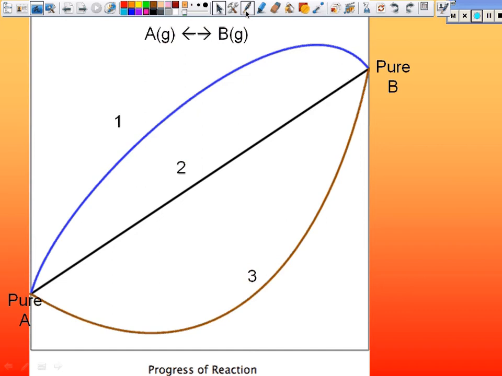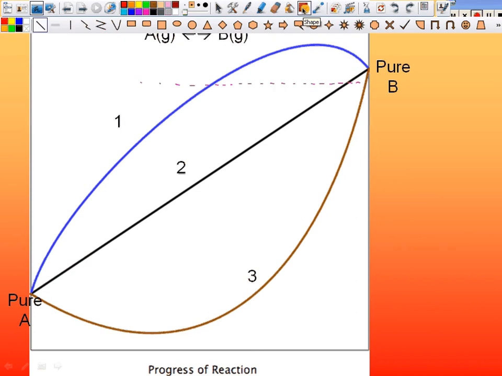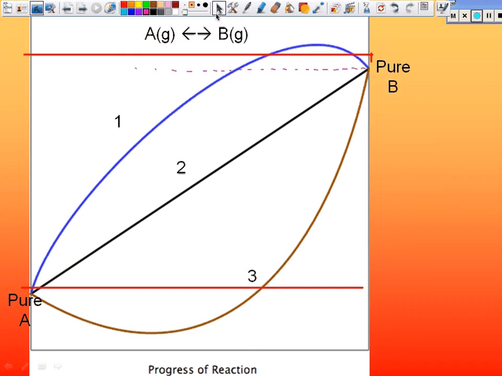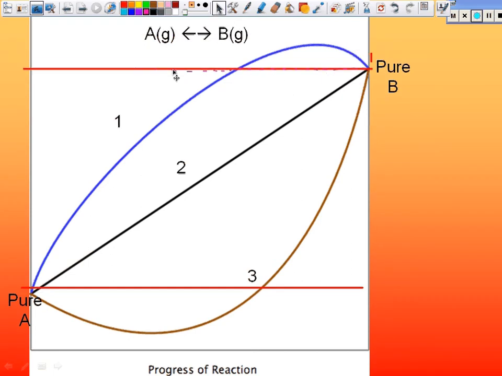From this point, and matter of fact, let's actually do this because it'll be a lot prettier. You guys can probably do it better than I can. Oh wow, that was bad. I want a straight line. So do me a favor.